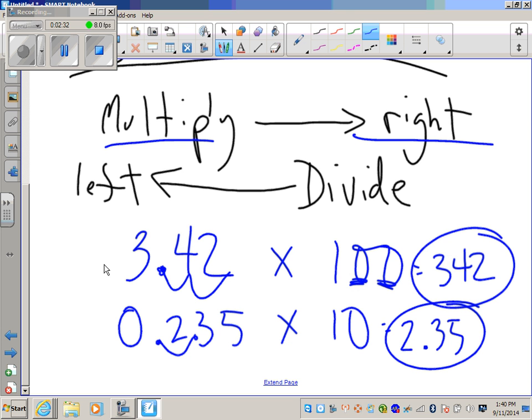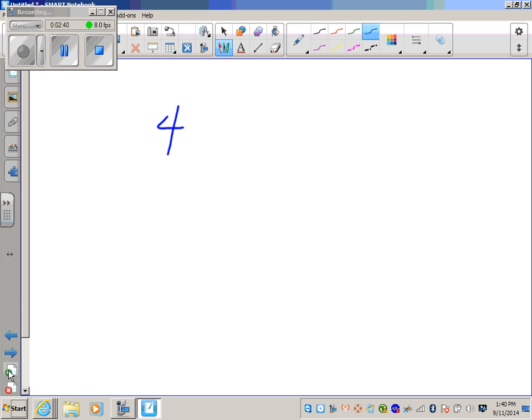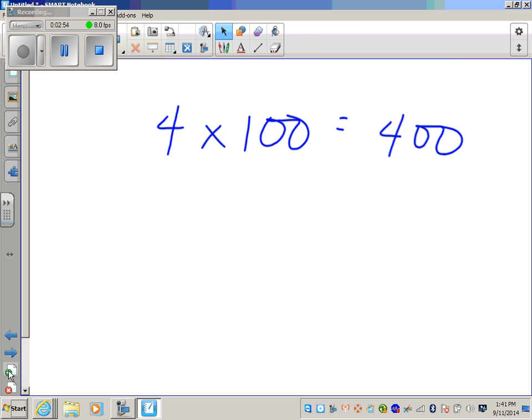No, no. When you multiply by powers of 10, just look at that problem, and you can tell me right away that 4 times 100 is what? Good. Did you need to move any decimals there to tell me that's what it was? But you did. Where's the decimal in 4? How many places did we move it? 2.